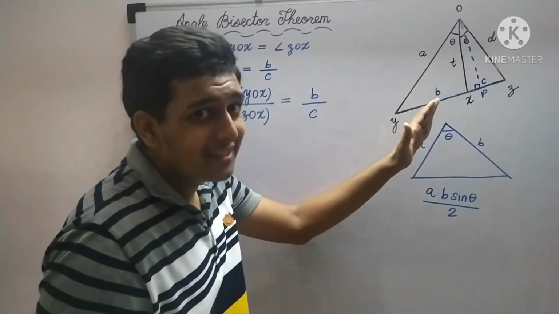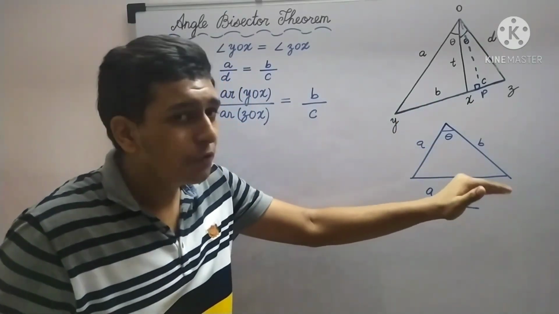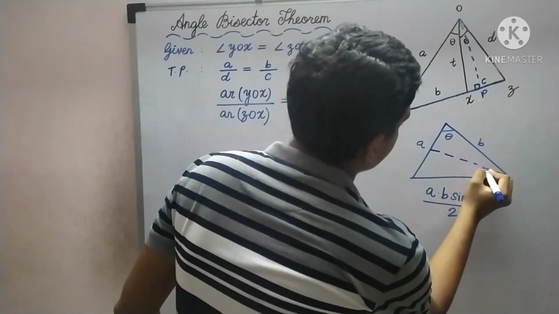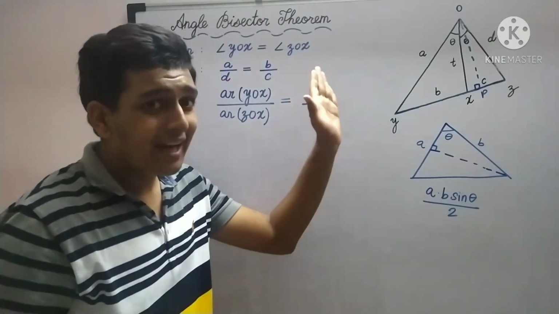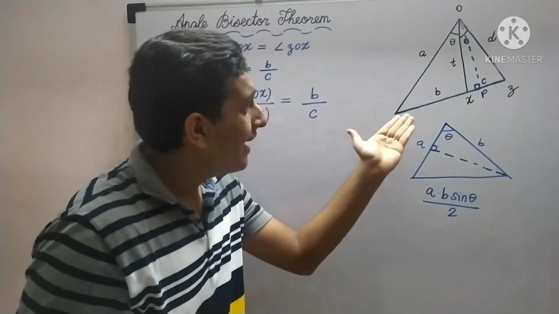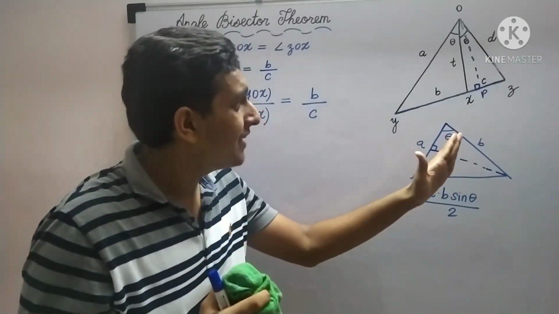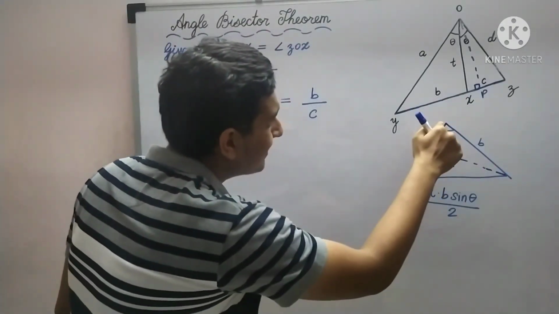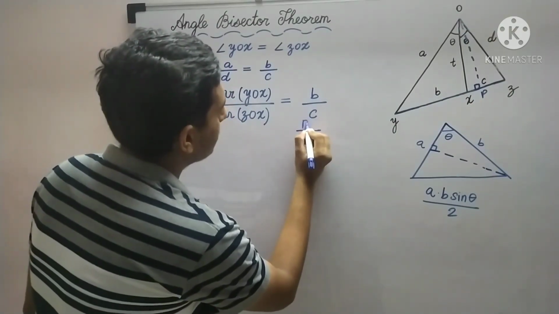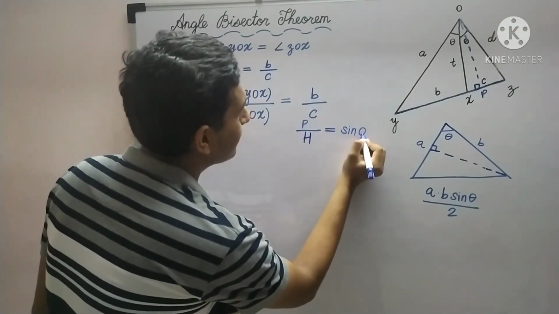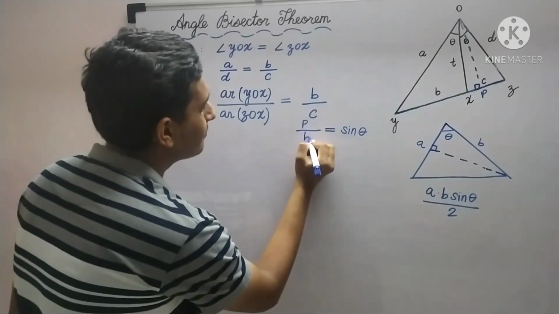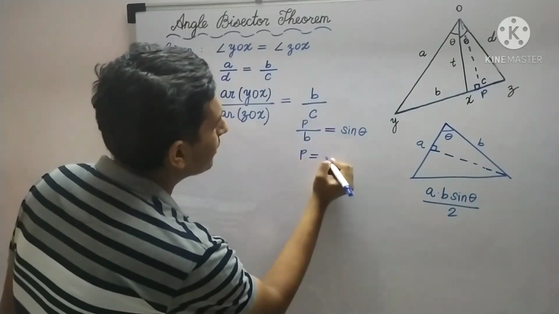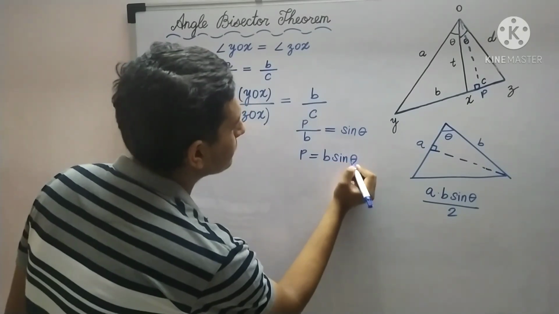So if we take a base as A and drop a perpendicular from the opposite side to A, because the hypotenuse has its value B and theta is the angle separating A and B, using the definition of sine theta in this right angle triangle, P by H is equal to sine theta and H is simply B. Multiplying both the sides by B gives us the height of this triangle equal to B into sine theta.